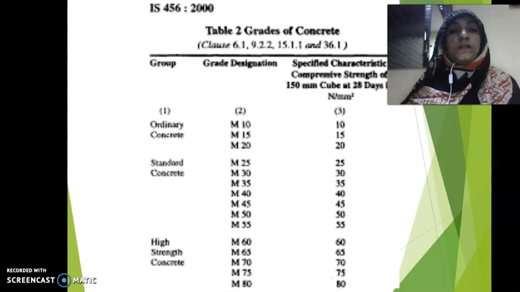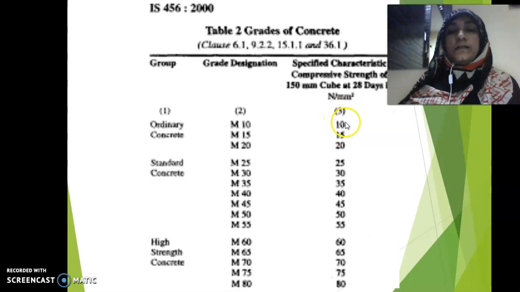Now moving further, this table shows the grades of concrete, and this table is taken from IS 456-2000. Our concrete is divided into three groups. First one is ordinary concrete, second one is standard concrete, and third one is high strength concrete. The second column indicates the grade designation, and the third column indicates the specified characteristic compressive strength of a 150 mm cube at 28 days.